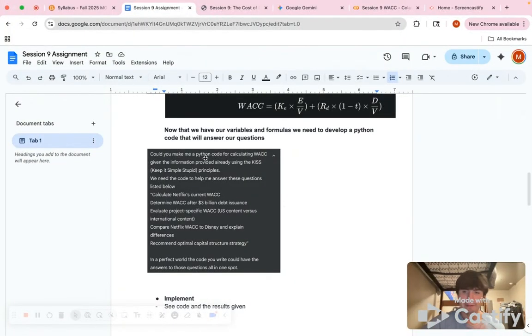After giving it all the information, I said, could you make a Python code calculating the WACC given the information that I've given you? And we used the KISS principle, keep it simple stupid, that Professor Zhang talks about in class. And we needed help with the questions that we just read off, and in a perfect world, the code you write would answer all these questions all at once.